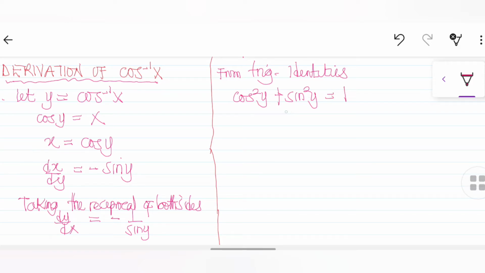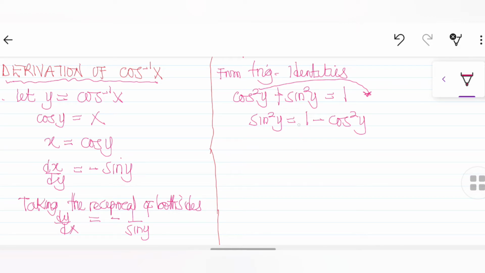So in making sine squared y the subject of the equation, I'm going to be having sine squared y equal to 1 minus cos squared y. That is, if I transfer cos squared y to the right hand side, I'm going to be having this.